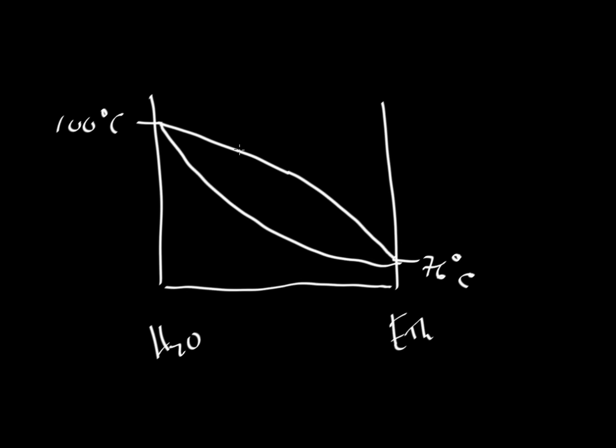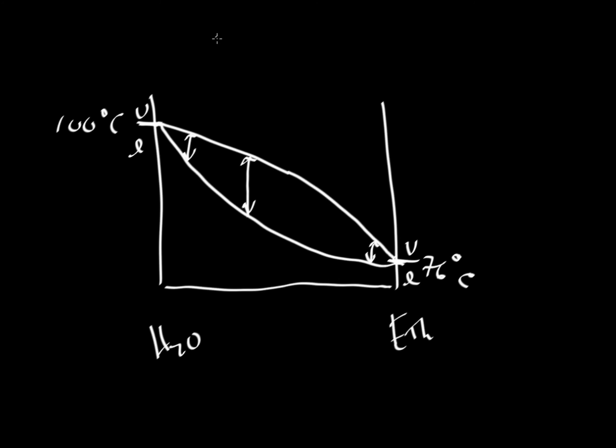So we have a broad boiling interval over here, a smaller boiling interval over here as we get close to the water end of this binary diagram, and then also a smaller interval here. And these boiling intervals disappear when we finally reach the pure substances, and they boil at a very sharp boiling point.